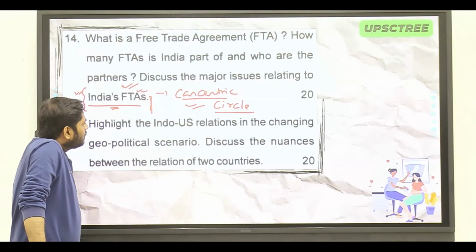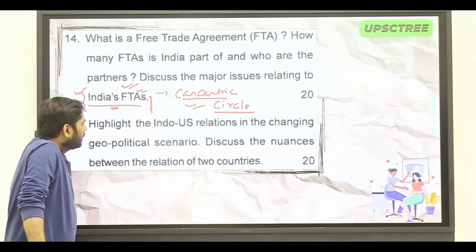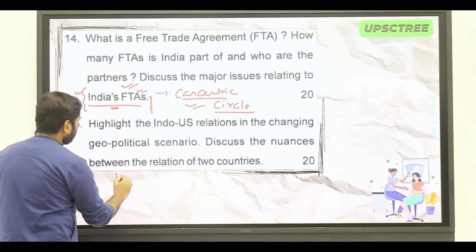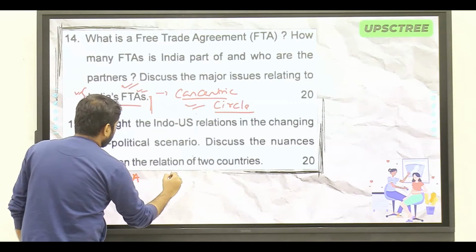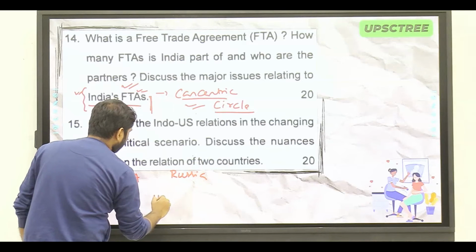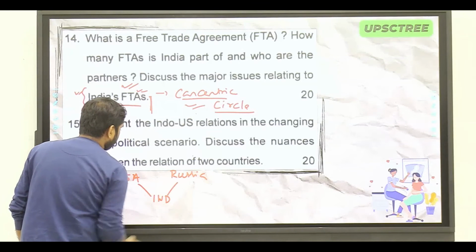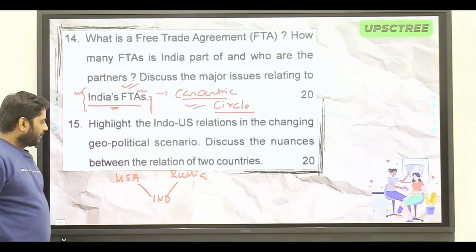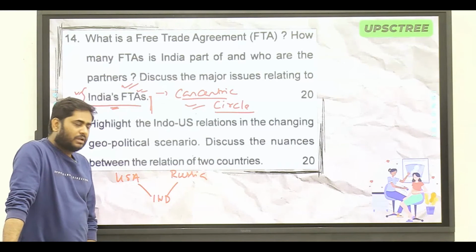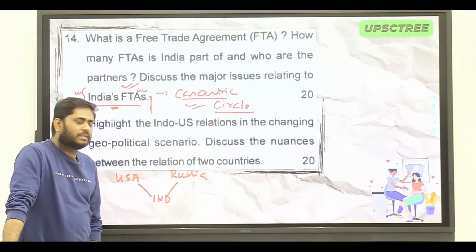Highlight the Indo-US relations in the changing geopolitical scenario. Discuss the nuances. Okay, so this is again USA, Russia, and India. So this is like a triangular love story. Okay, because see, with USA we have a natural convergence because a lot of Indians are there in USA.